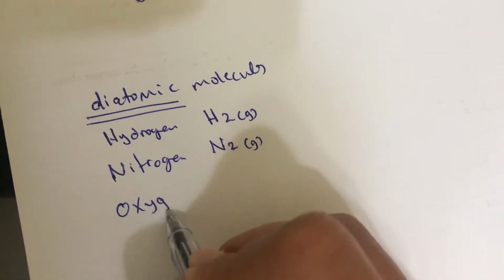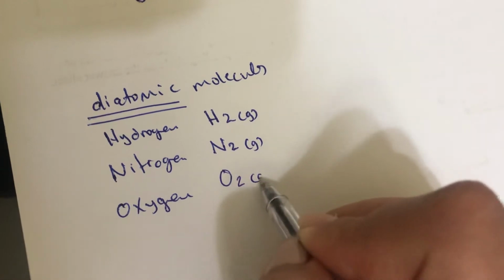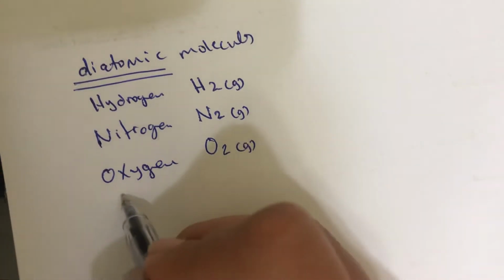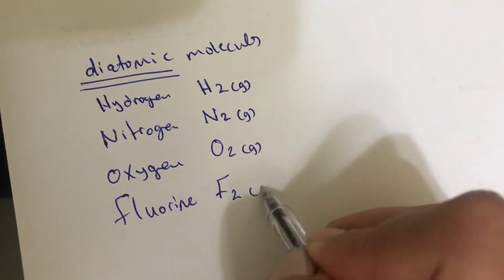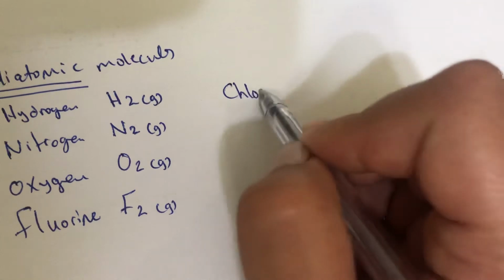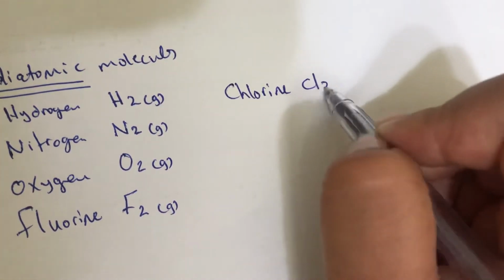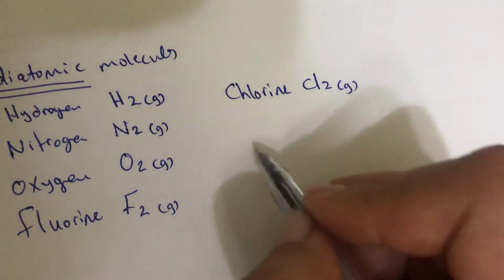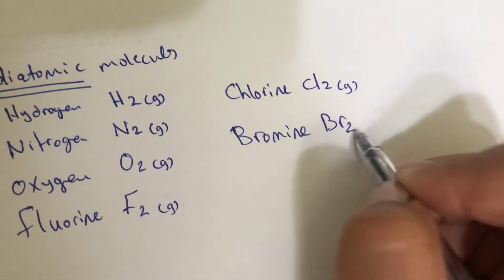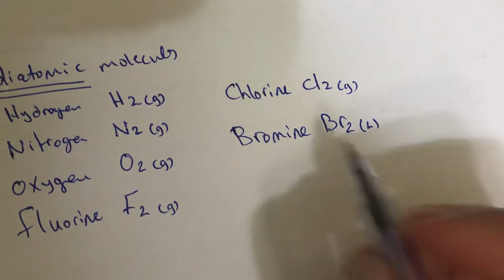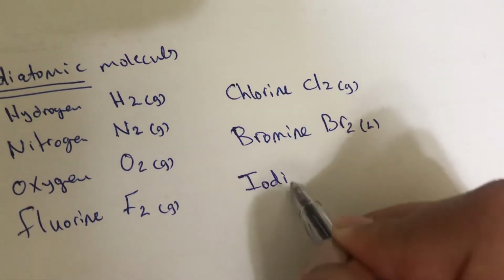oxygen, O2, fluorine, F2, chlorine, Cl2, bromine, and iodine.